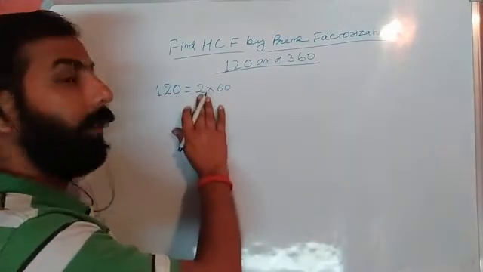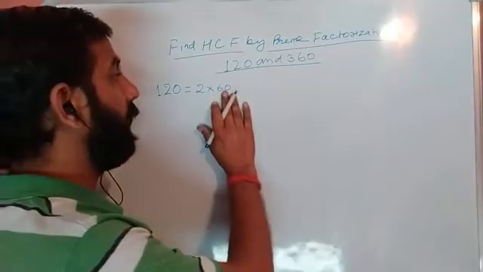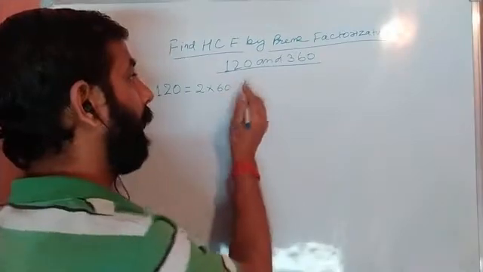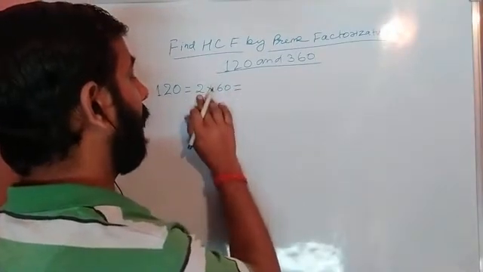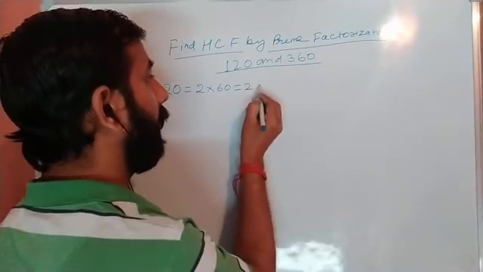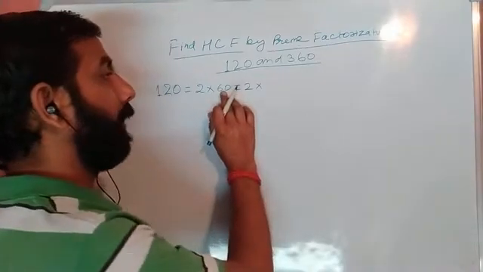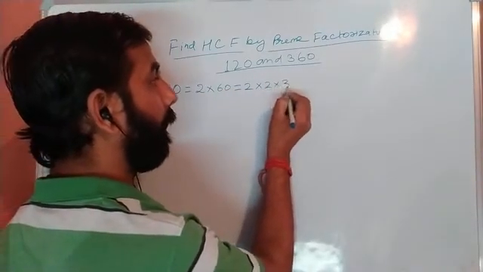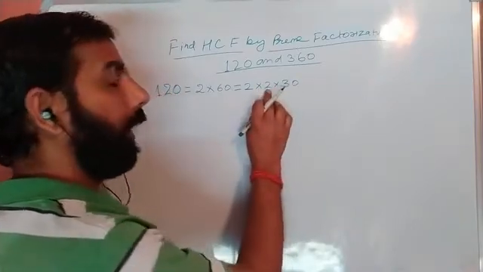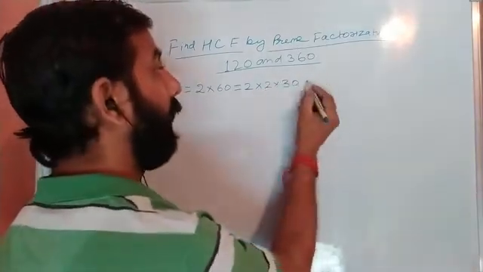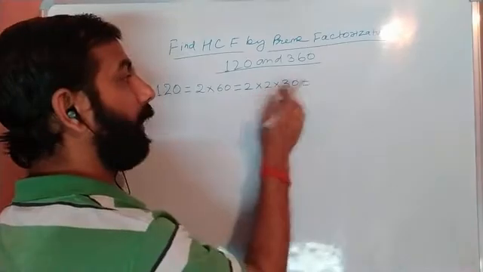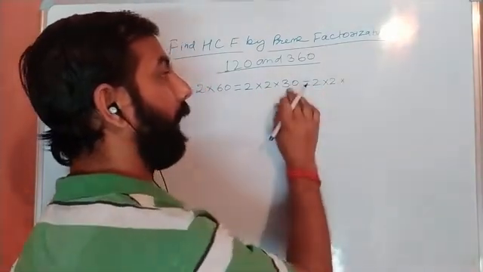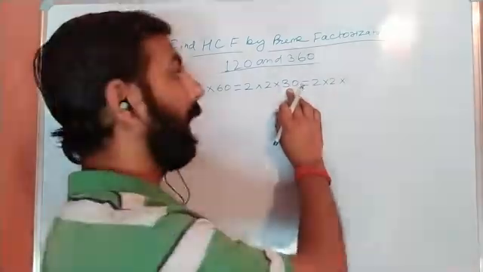We have got one prime number. Now 60 is not a prime number, so we will again make factors of it. We'll carry this prime number 2. Now we'll make the factor of 60. So 2 into 30. We have got another prime number. We'll continue with 2 into 2, and now we'll make the factor of 30 by a prime number.